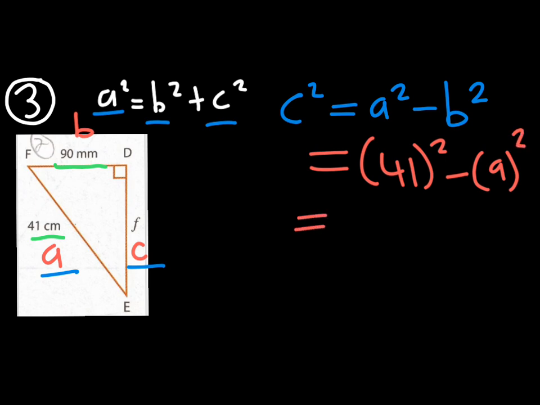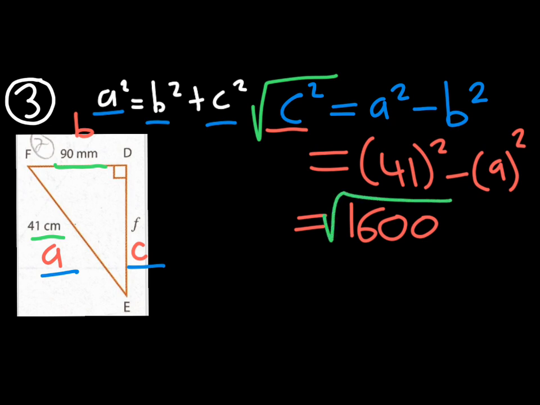We type that into a calculator, and we get 1,600. Now remember, this is what c squared is. To find c alone, we need to square root. So we can square root c squared, and we square root 1,600, and we will get that c equals 40.